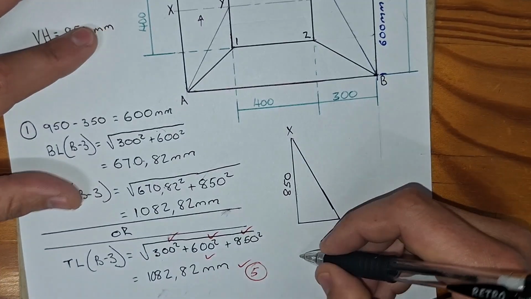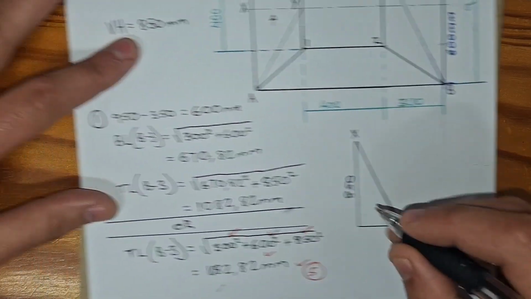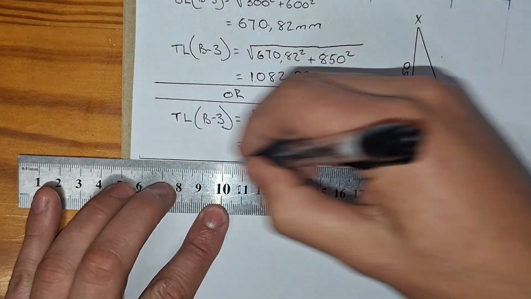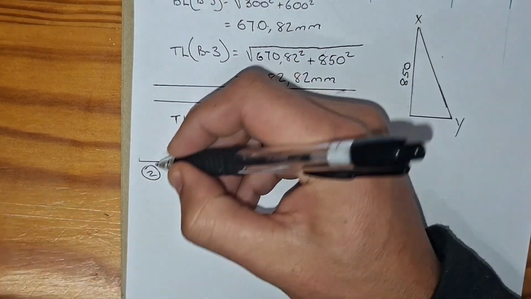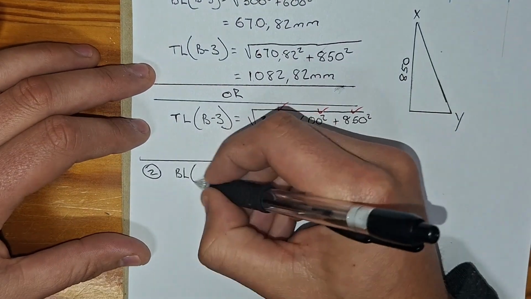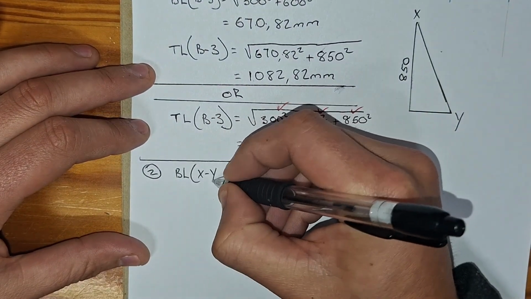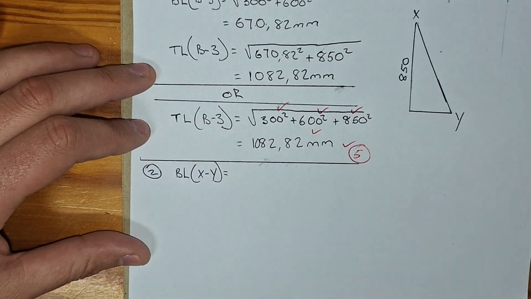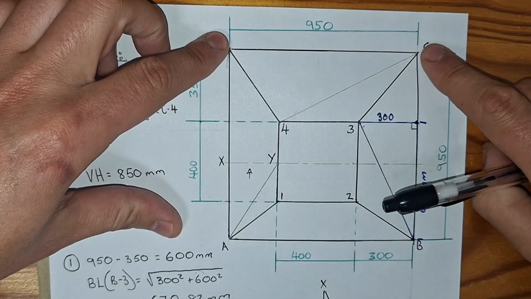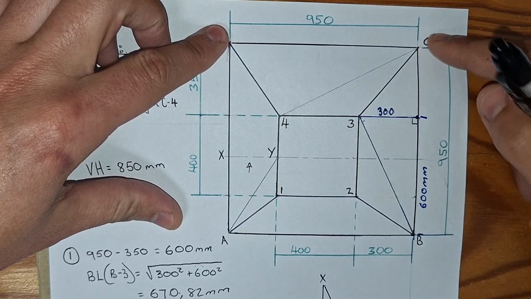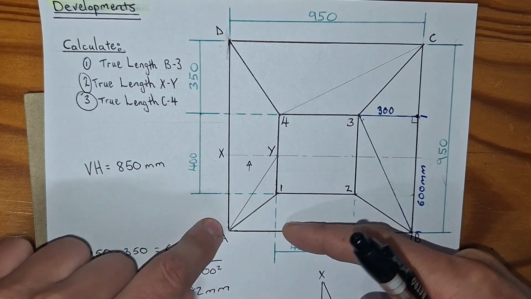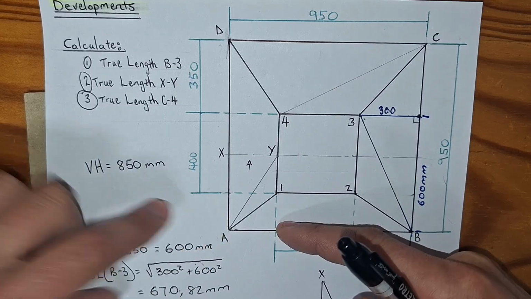So we will say for question number 2, the base length XY equals this full width of 950 minus 300 minus 400, and XY base length will be what is left.